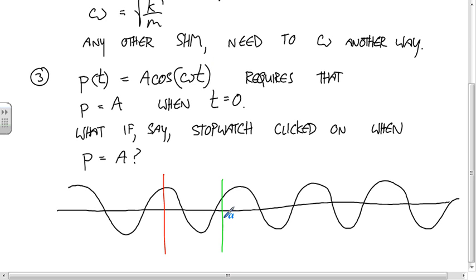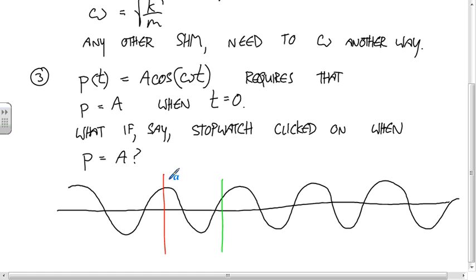And so if you are dealing with a case where time is equal to 0 where this green line is, there's some mathematical fiddling you have to do to make it work, but all of the properties of the motion are still the same. And that's why we're just not going there.